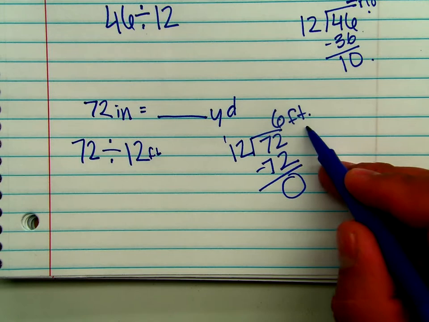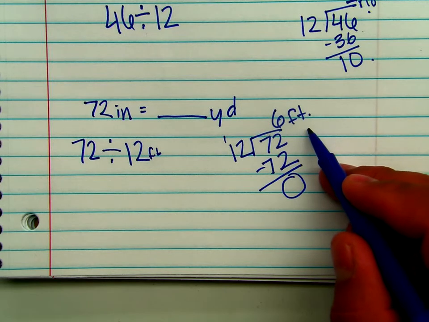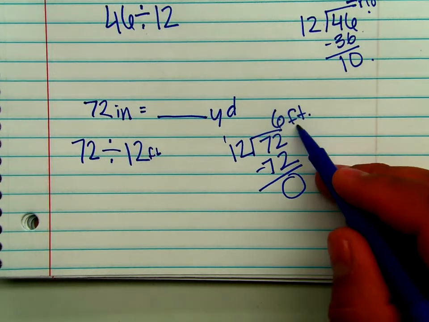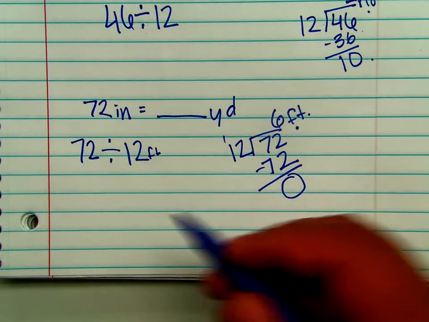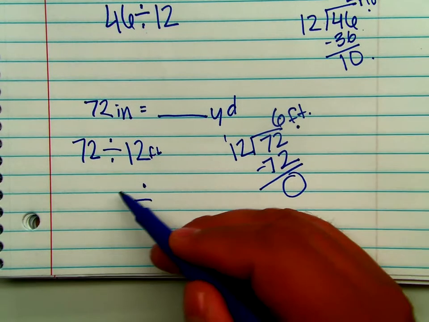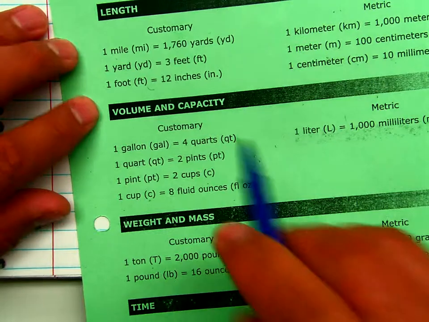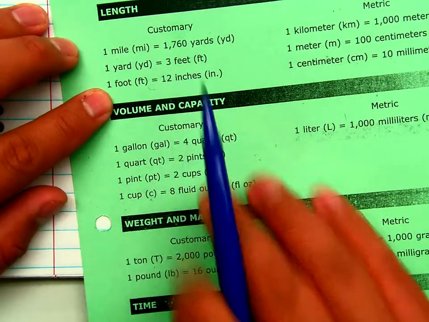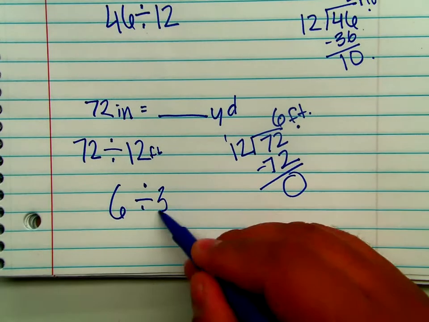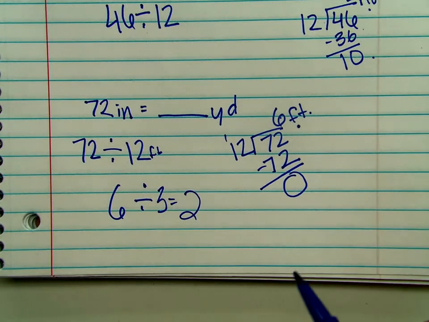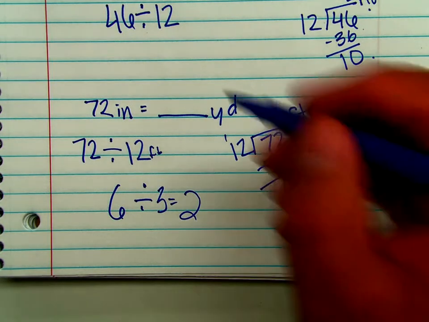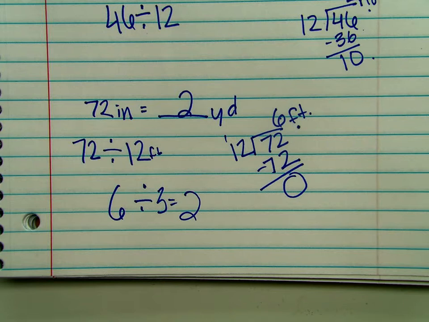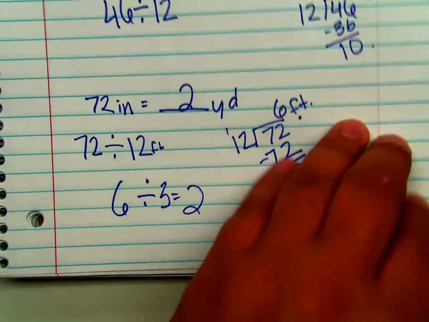So I have 6 feet as my answer, and I have to go to yards. I'm still dividing because I'm still going from small to big. Now I have a 6, and I'm dividing by what? Well, there's 3 feet in a yard. So I'm going to be dividing that 6 by 3, and that's going to give me 2. So 72 inches is the same as 2 yards. Okay? Not too shabby.